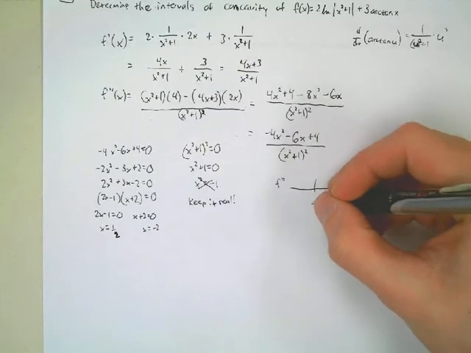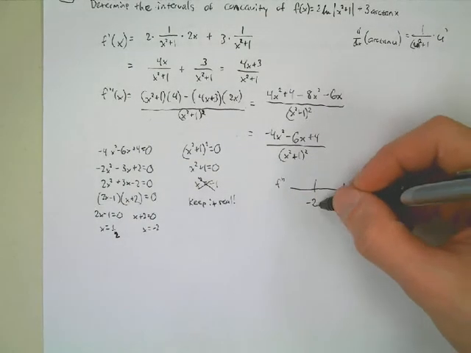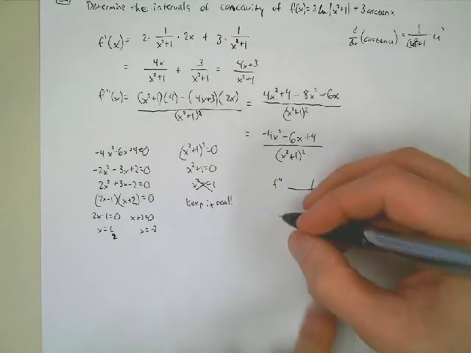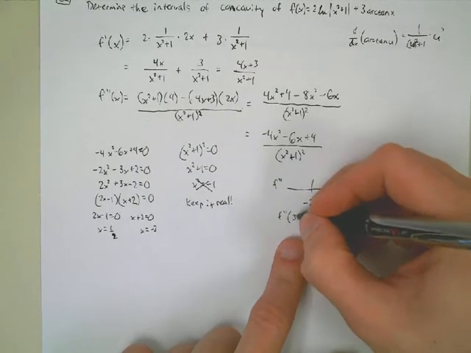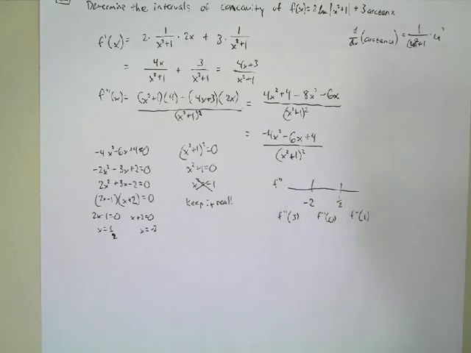We'll pick some numbers here: f prime prime of 3, f prime prime of 0, f prime prime of 1. Shouldn't that be negative 3? Yes, negative 3. You don't have to put it into the denominator because it's all going to be positive.